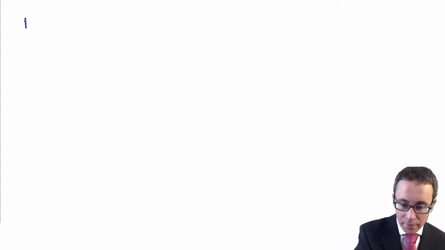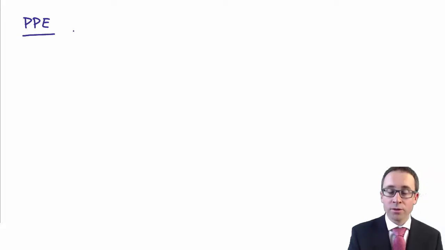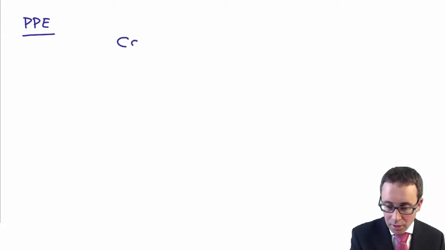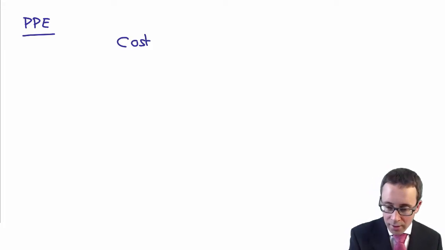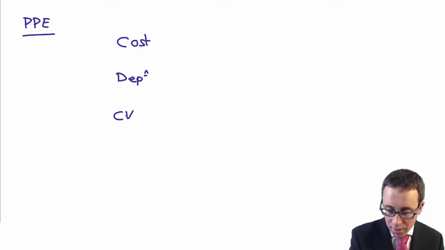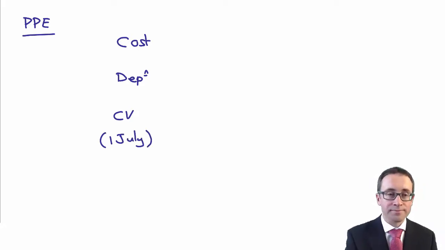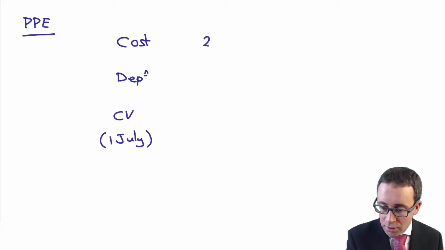Okay, so initially we had it there as property, plant and equipment, wasn't it? So we need to get the value of the asset at the date of change, don't we? So we've got the cost, the depreciation. We need to get the carrying value at, is it the 1st of July, wasn't it? The cost was there as 20 million.